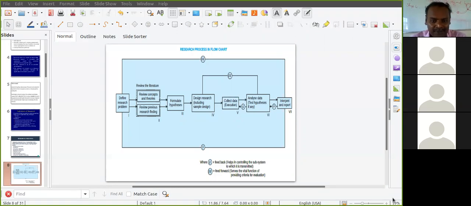So the third one, formulation of hypothesis. Based on the research gap, you are going to formulate a hypothesis. For example, I'm giving an example from the current corona. Initial thought, corona affects mostly elder people. Am I right? The initial findings came from China.